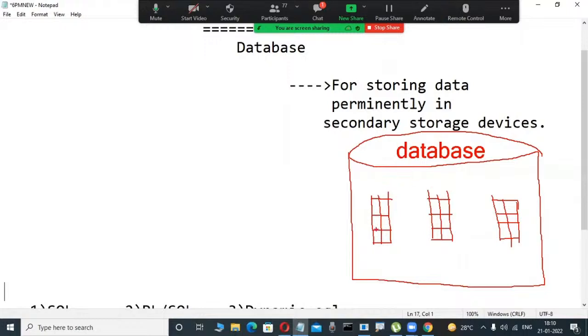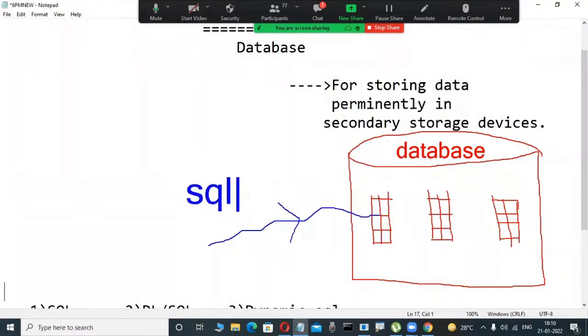That's why a structured collection of data is stored here, and we work with this data using SQL, a language, structured query language.